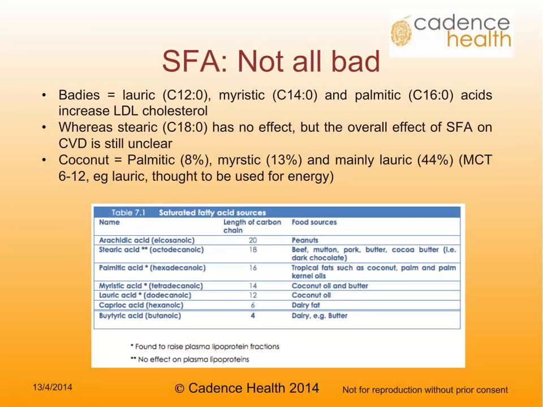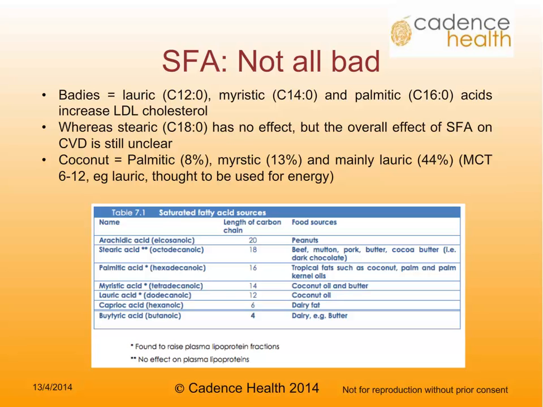So here we are. We have now arrived at a little bit more on our saturated fatty acids, SFAs. And as we've already alluded to, we know that they're not all bad anymore. So the baddies, if you'd like, currently, as far as the research shows us, are lauric acid, which is a C12, myristic acid, which is a C14, and palmitic acid, which is a C16.